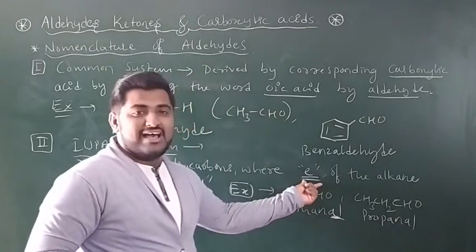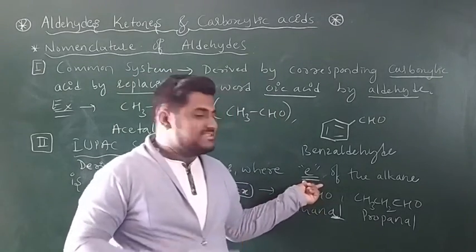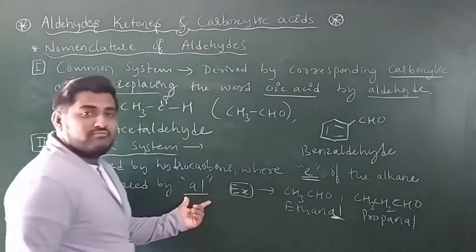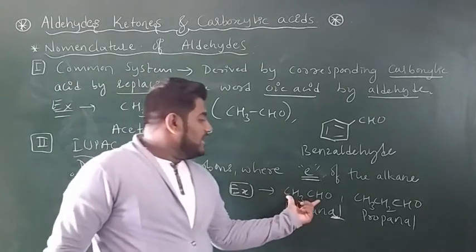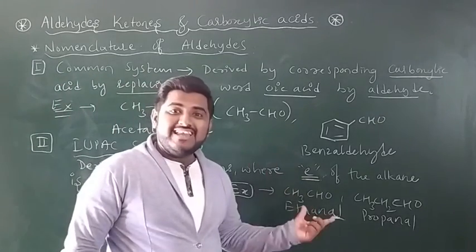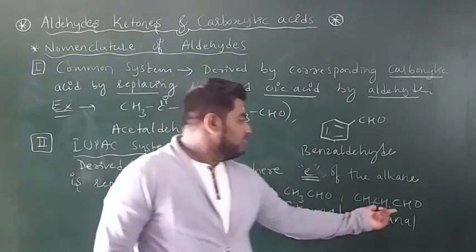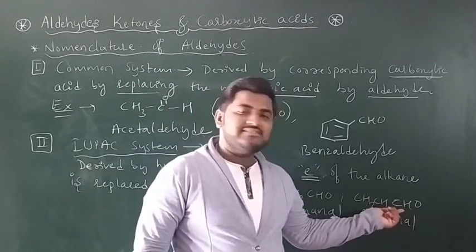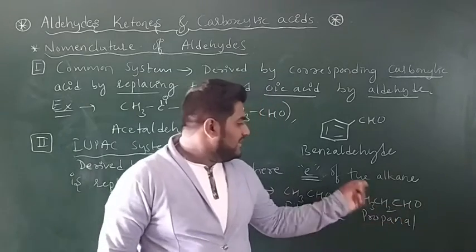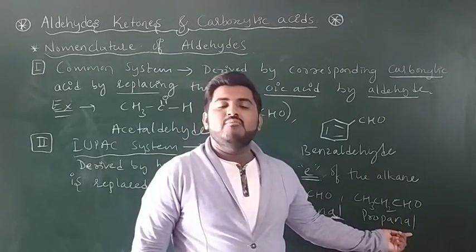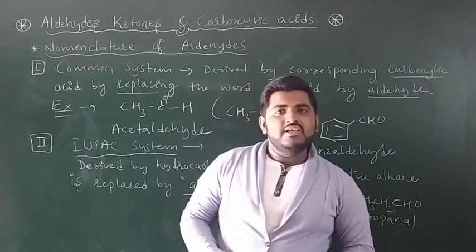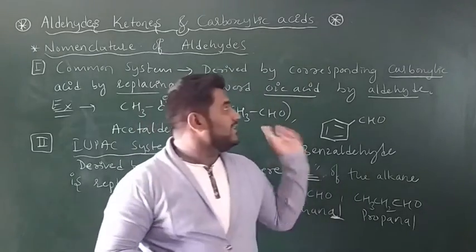Here 2 carbon atoms, ethane, E replaced by al, therefore ethanal. Propane is the parent hydrocarbon, so E is replaced by al, therefore propanal. Okay, we will study some more examples regarding aldehydes.